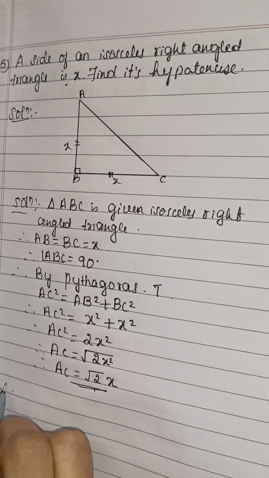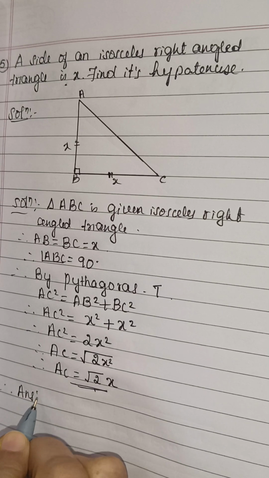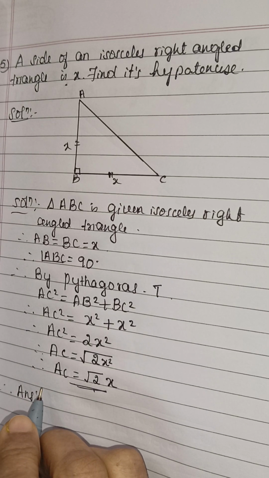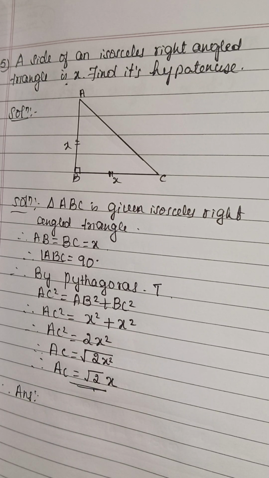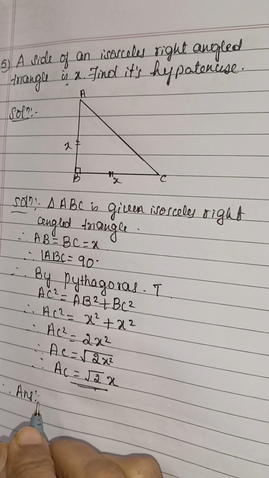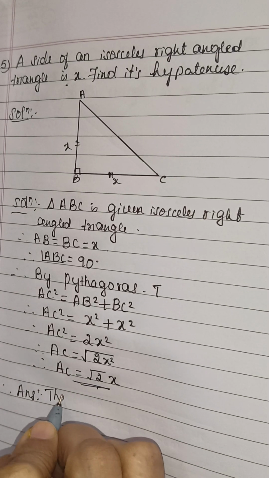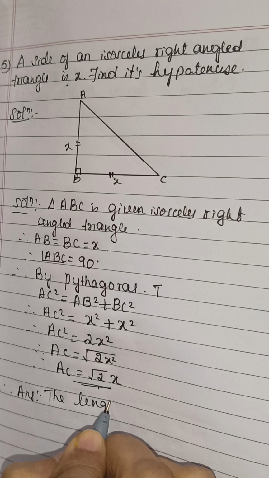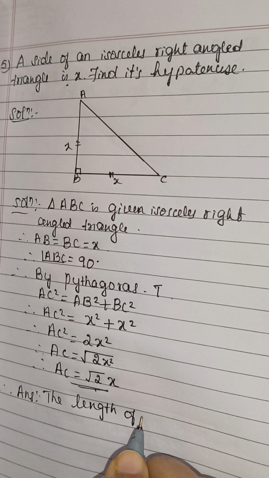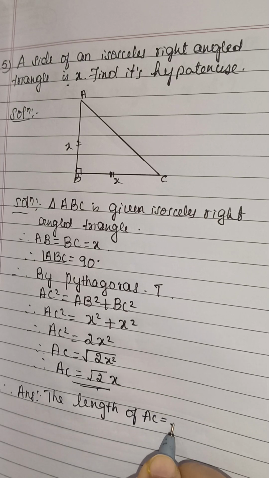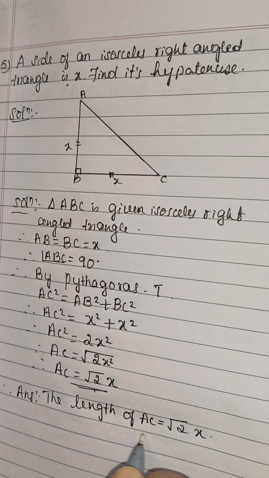Therefore the answer is: the length of the hypotenuse of the isosceles triangle is root 2x. The length of AC is root 2x.